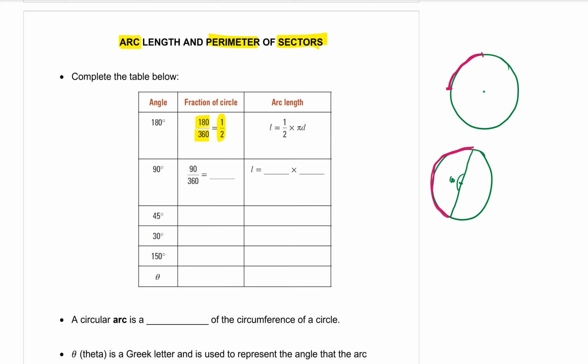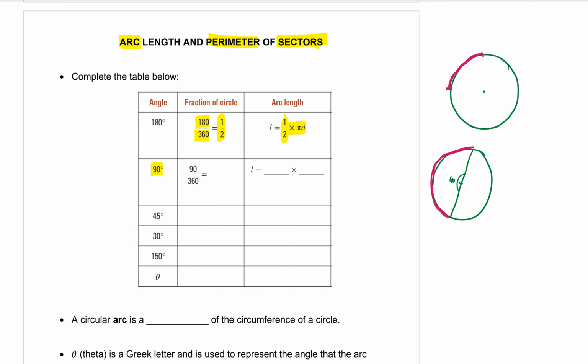So if I know that the formula for circumference of a circle is pi d, that was one of my formulas, remember, for circumference, I want half of that circumference, so it makes sense that I do half times by pi d. What about if we had a right angle for our sector?